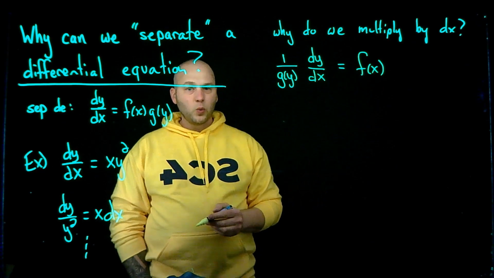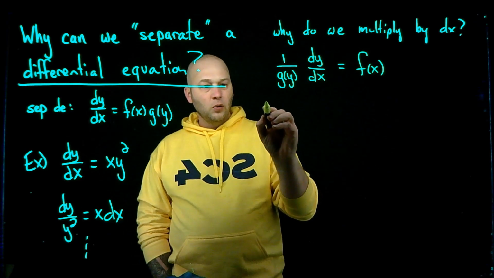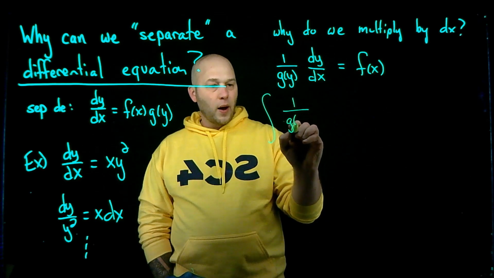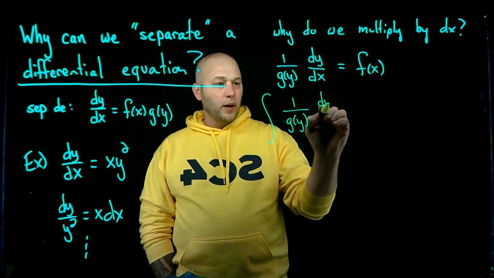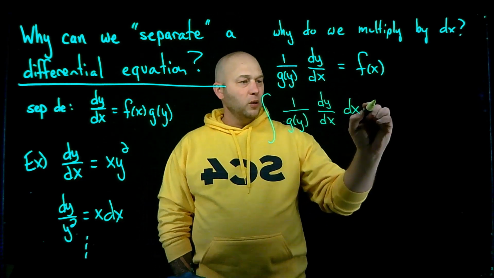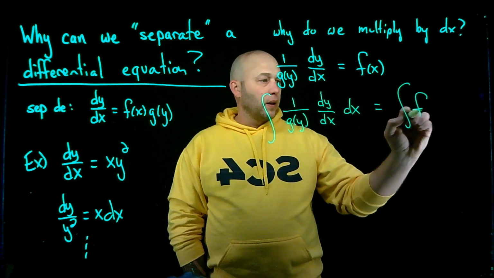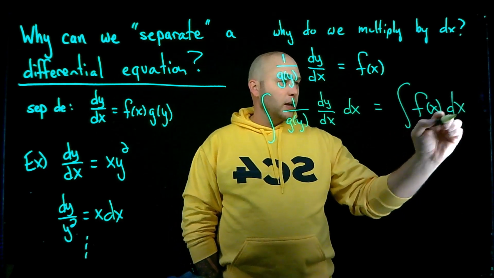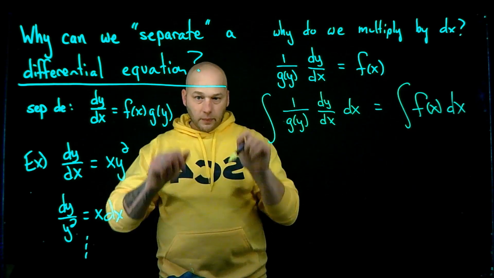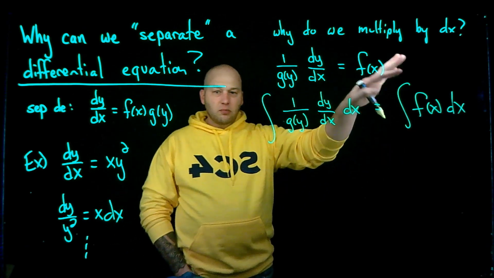Let's integrate those with respect to x. So I'm going to compute the integral of 1 over g of y times dy dx with respect to x. And I'll do the same thing on the other side. I'm not really focusing on the other side at the moment because I'm worried about multiplying by the dx term, but I'll just carry that along.